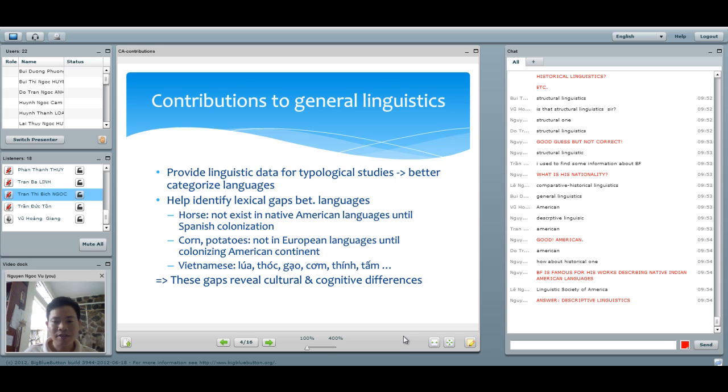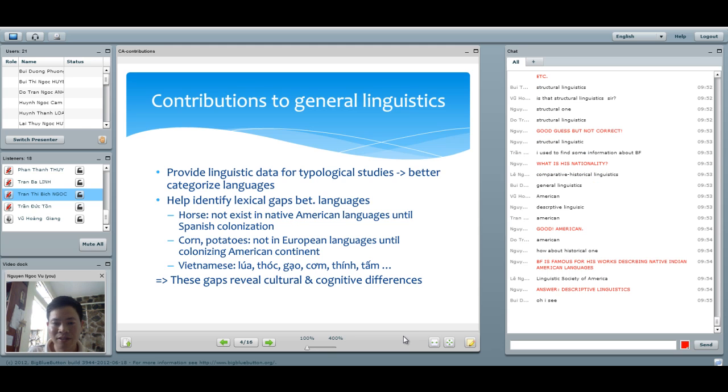Now, the studies of contrastive linguistics also provide data for typological studies. It helps linguists to categorize languages better into categories like isolating languages, syntactic languages, polysynthetic languages.